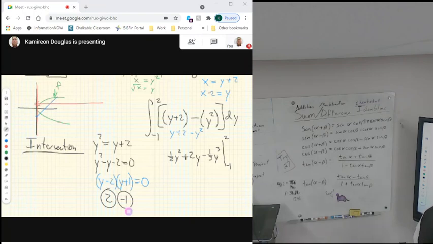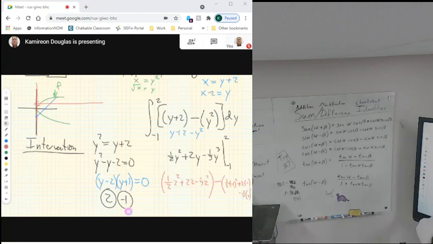Any questions about that integration? It's pretty standard power rule. Now I plug in 2 and negative 1. So I plug in 2: 1/2 times 2 squared plus 2 times 2 minus 1/3 times 2 cubed, minus 1/2 times negative 1 squared plus 2 times negative 1 minus 1/3 times negative 1 cubed.